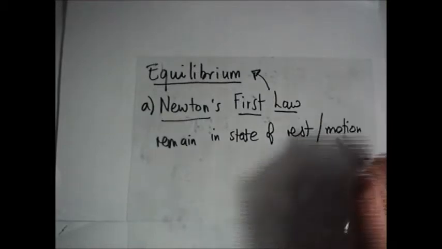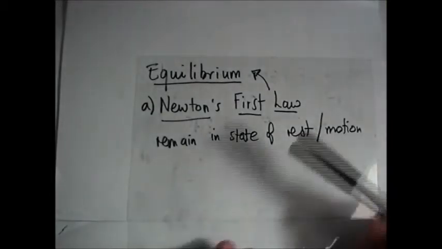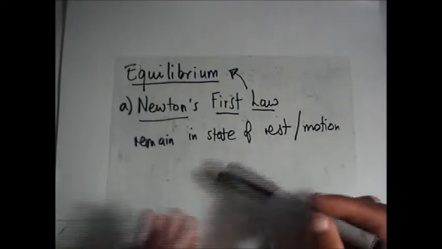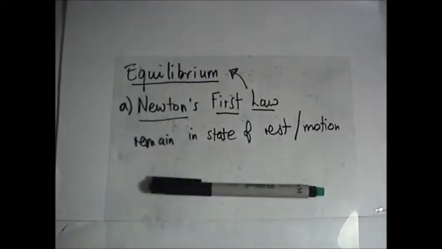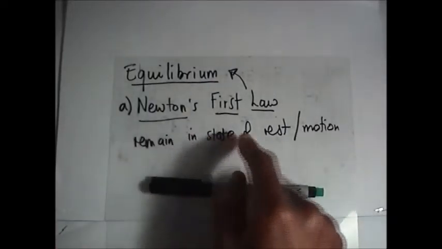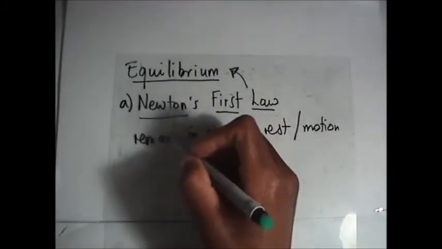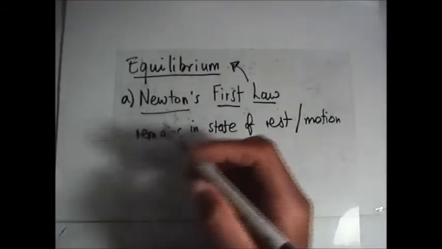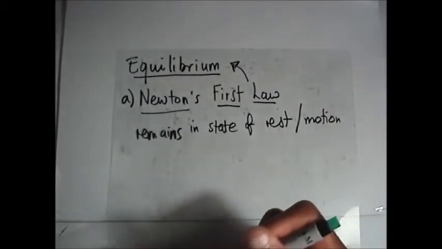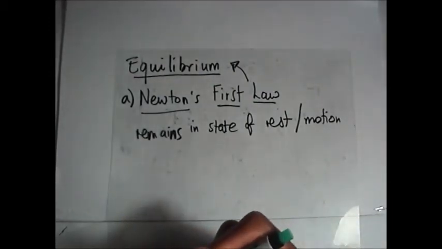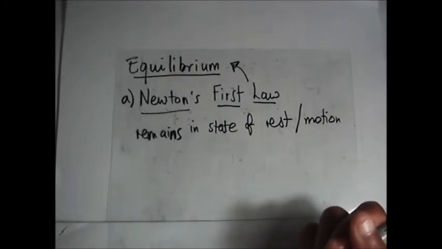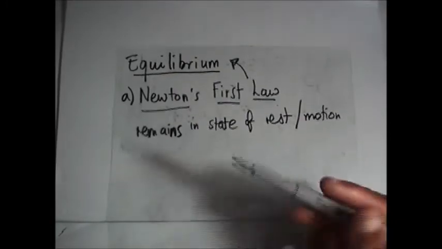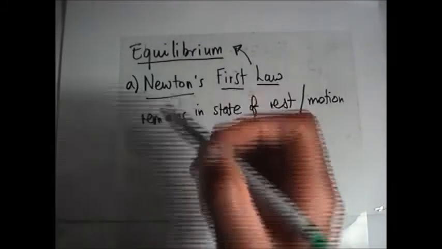If a body is moving, it remains in that state of motion. If a body is at rest, like this pen is not moving, it remains in its state of rest, unless an external force acts on it to change that state.